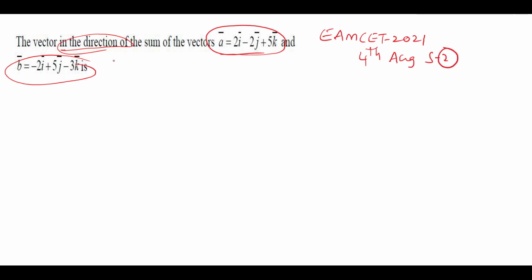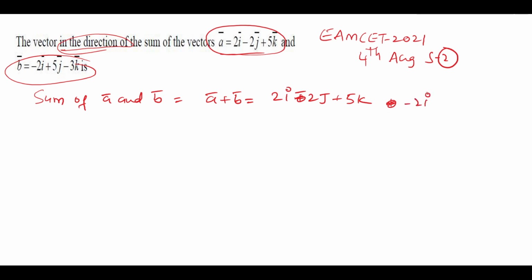So the vector in the direction means first the sum of a bar and b bar, that is a bar plus b bar, which is 2i minus 2j plus 5k minus 2i plus 5j minus 3k. Here 2i minus 2i cancel. Minus 2j plus 5j is 3j, 5k minus 3k is 2k.